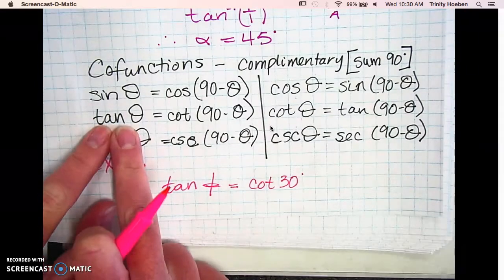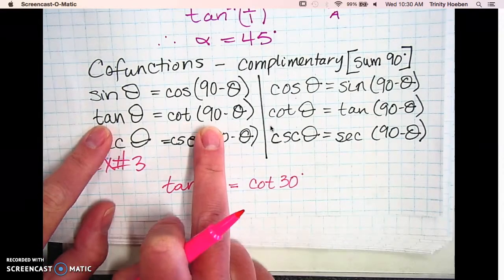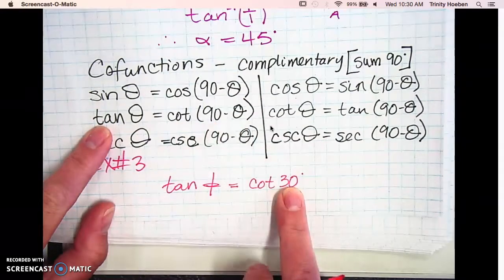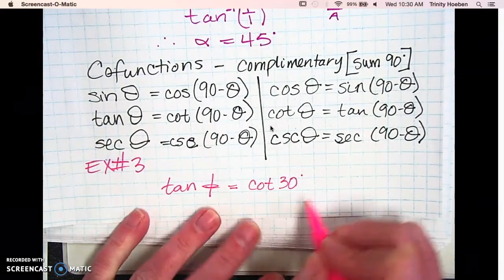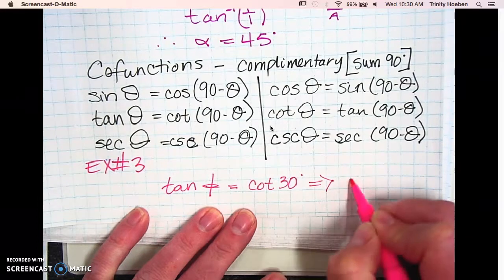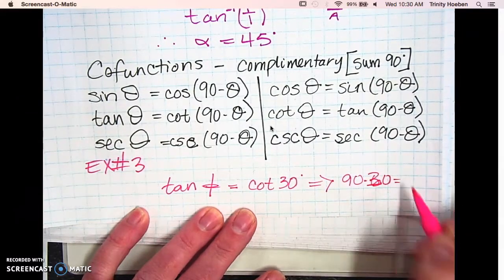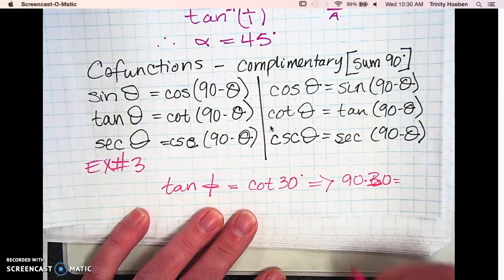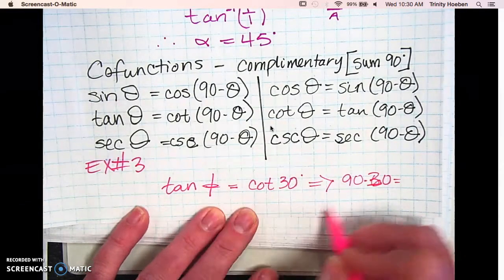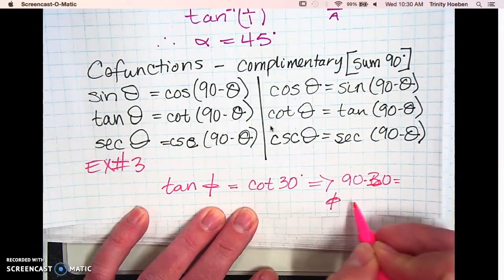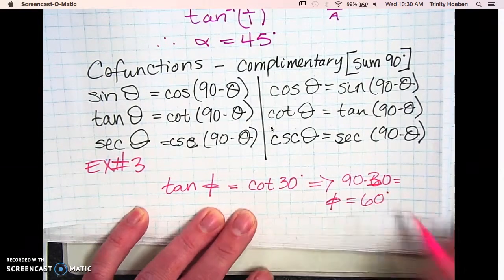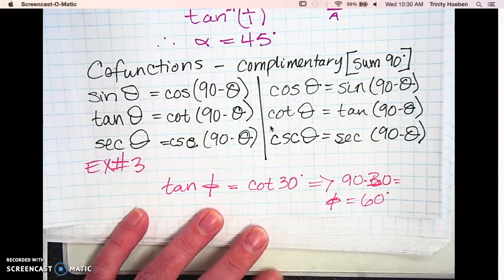So tangent is going to be the cotangent of 90 minus that amount. So all you have to do is take 90 minus 30. Started to write the answer. 90 minus 30 is going to get you 60. So that Greek letter is going to be equal to 60 degrees.